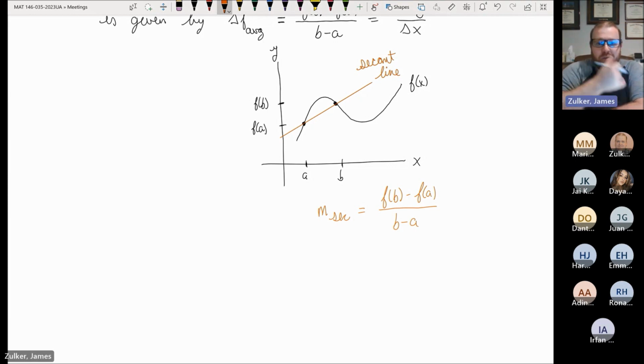f of b minus f of a over b minus a, which is precisely the average rate of change.